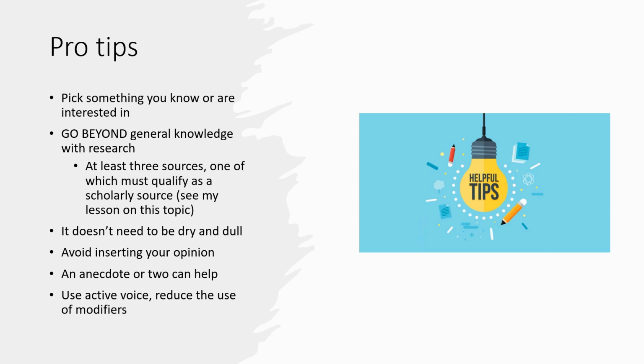Whenever possible, use very specific verbs and nouns instead of verbs and nouns that are modified with adjectives and adverbs. Again, if you're not sure what I'm talking about, I'm happy to talk with you individually, but instead of using a modifier and a noun, for example, very good, the same thing can be said with the word great.